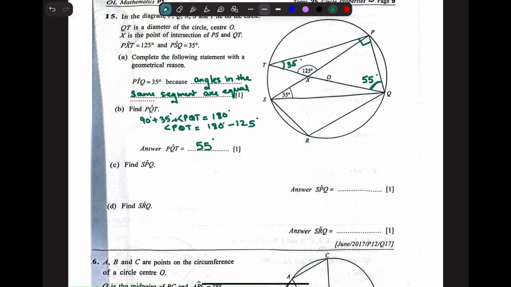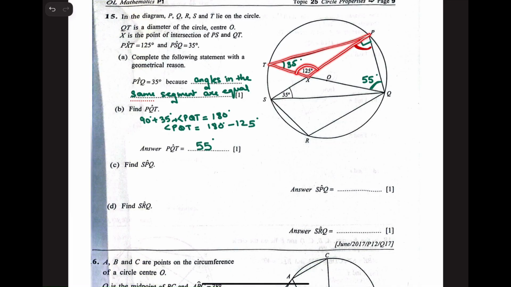Next, they want us to find angle SPQ. So SPQ, this angle, all right? So we know that this is 90. If we can find this small angle, we can just subtract it from 90 to find SPQ. Okay, so let's focus on triangle PTX. We know this is 125 and this is 35, so we can calculate this angle.